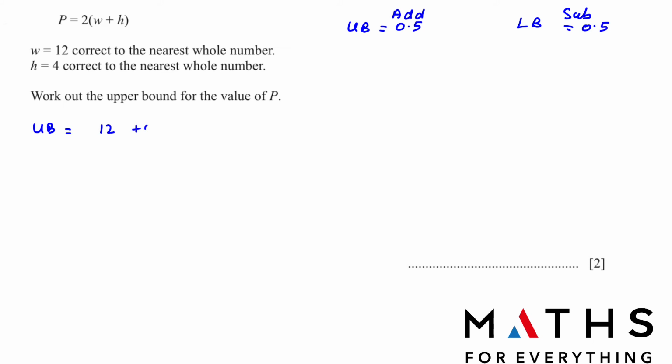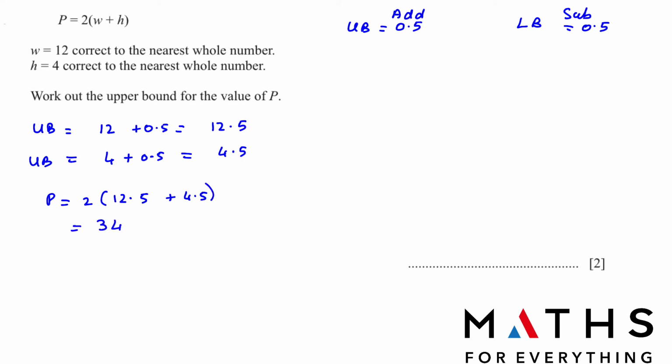So when we add 0.5, what are we going to get? 12.5. And the upper bound of 4 will be 4 plus 0.5, which is 4.5. Now let's replace that in our formula given to us. Just put it in the calculator and you will get the answer 34.